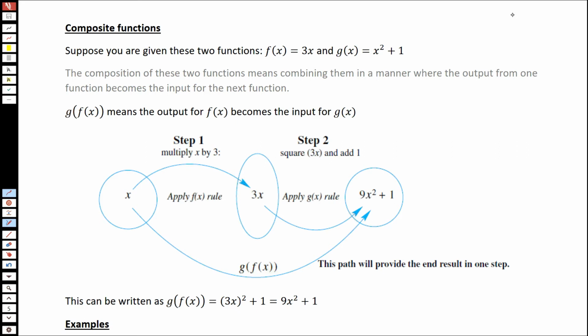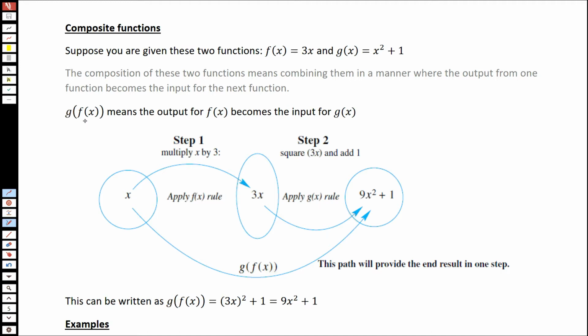Suppose you're given these two functions, f of x and g of x. The composition of these functions means combining them in a manner whereby the output for one function becomes the input for the next function.